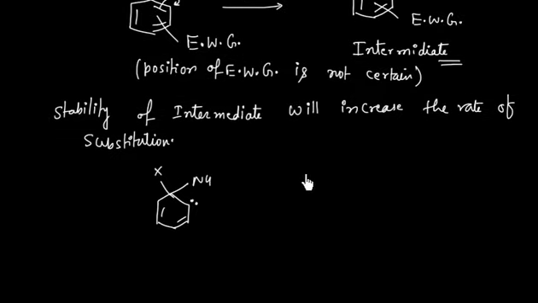Now if I attach the electron withdrawing group at the ortho position, and we have a negative charge, we can write more resonating structures.